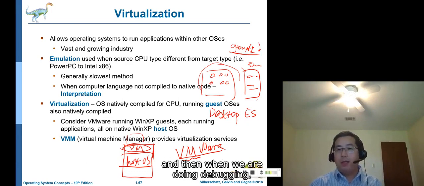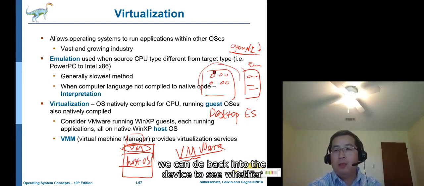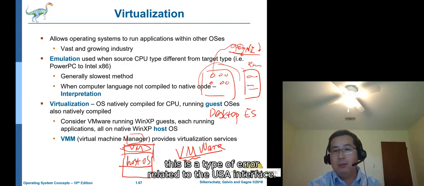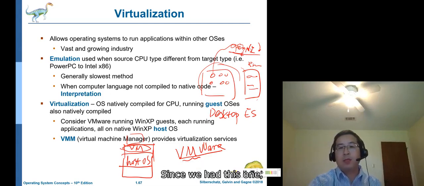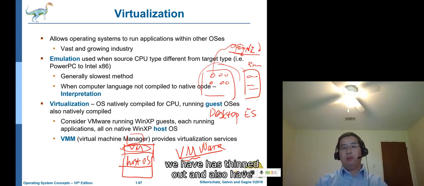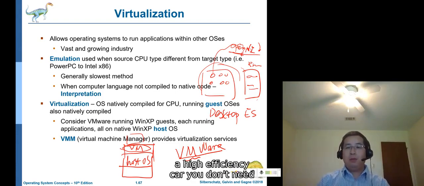Okay, and then when we are doing debugging, we can debug in the device to see whether this is an error related to the user interface, I mean the application, or related to the drivers, the hardware-related things. Because this can help us figure it out, and also gives a higher efficiency.